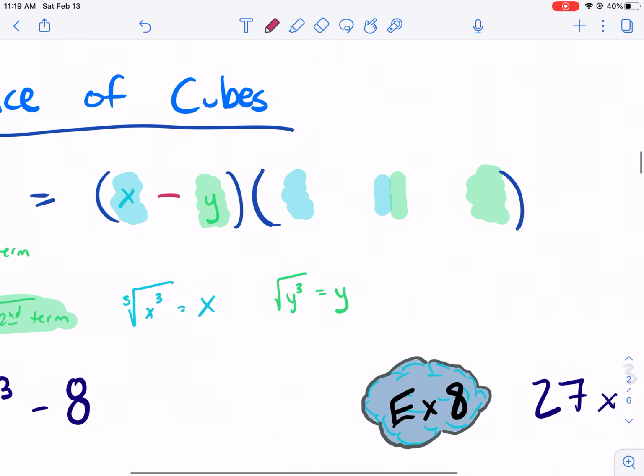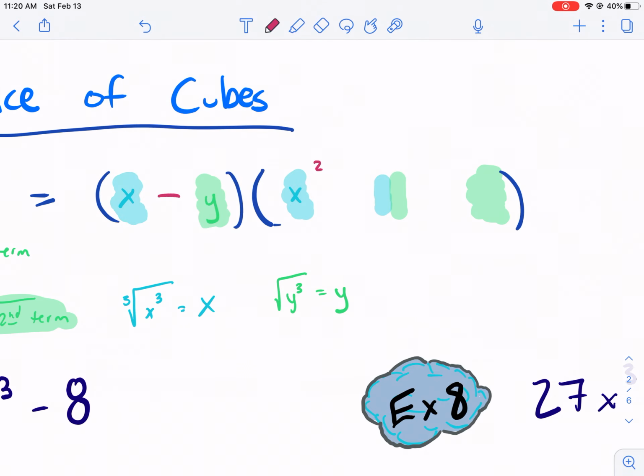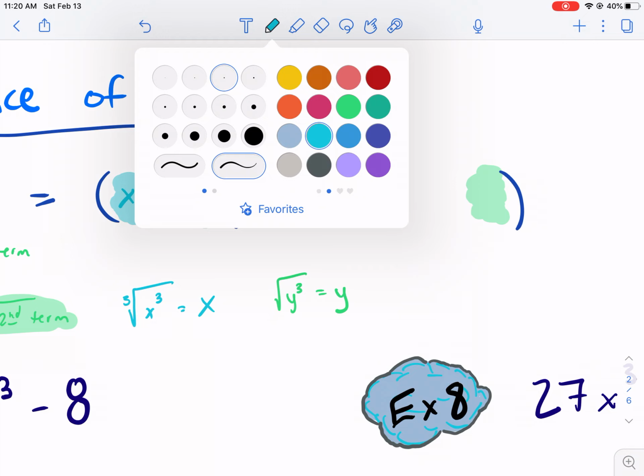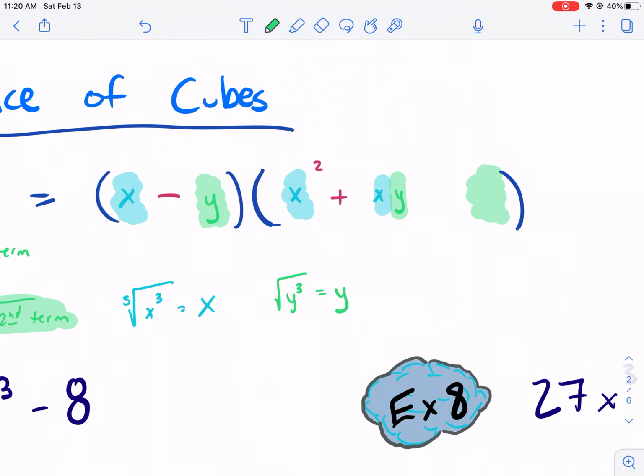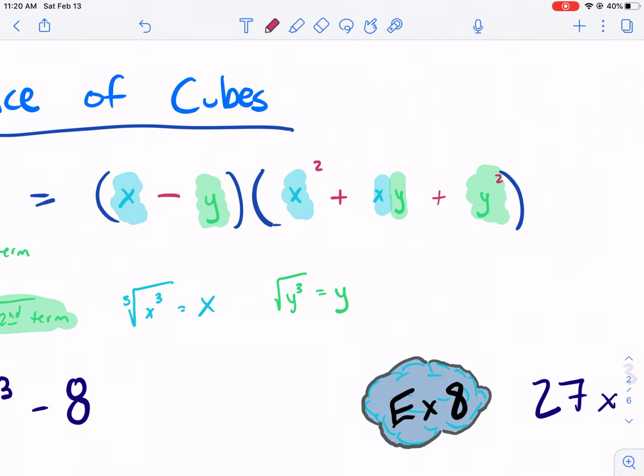Now this is the part where it gets a little funky. We're going to take the x, the cube root of our first term, and we're going to square it. And then we're going to add the cube root of the first term times the cube root of the second term. And then we're going to take the cube root of the last term, and we're also going to square this guy, and then add him also.